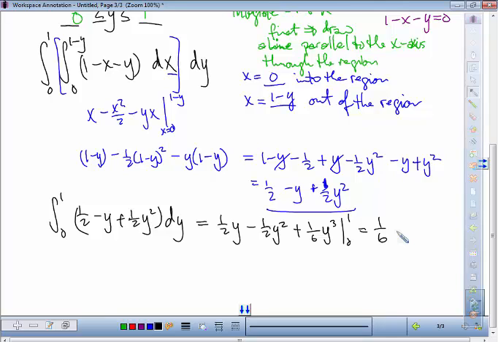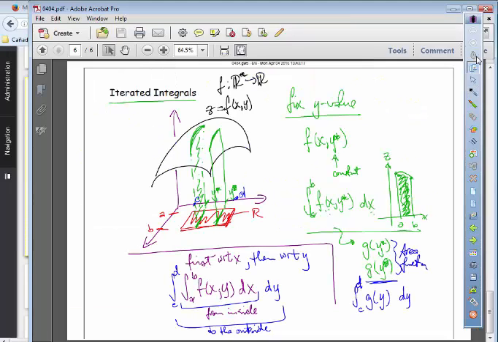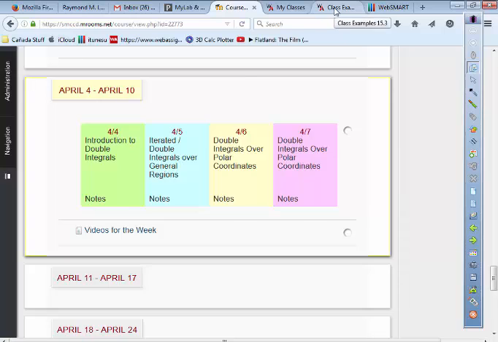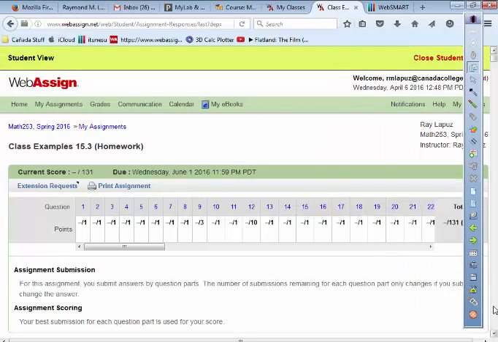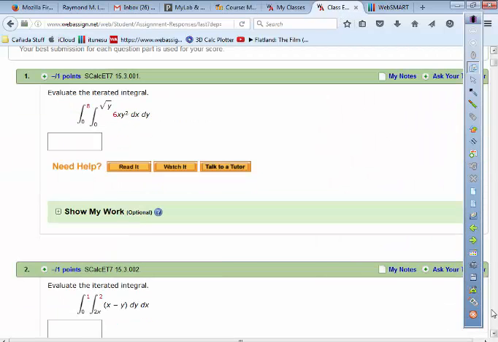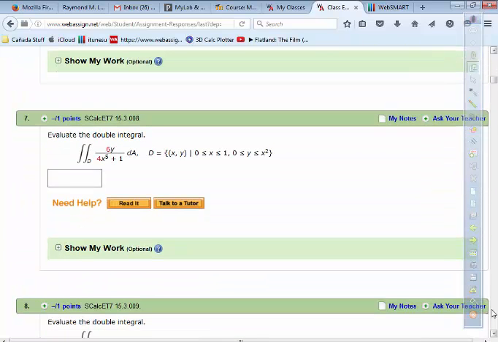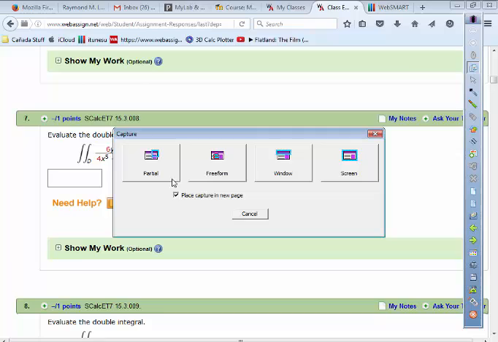Hope that's right. Well, let's try another problem that the book or the website might have. Let's try number 7.